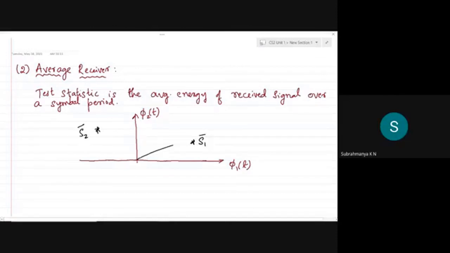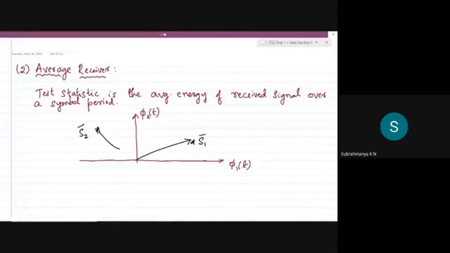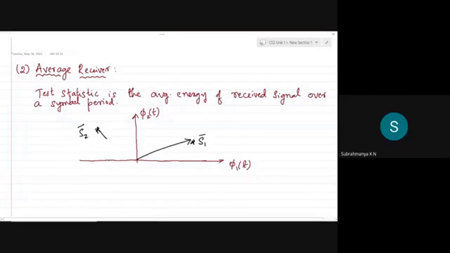These are geometrical representations of the signals, which can be regarded as vectors.